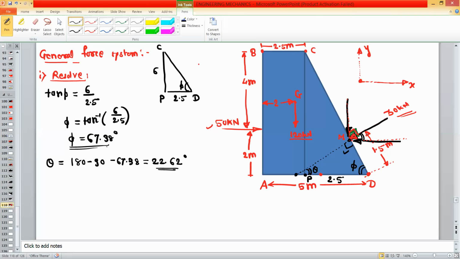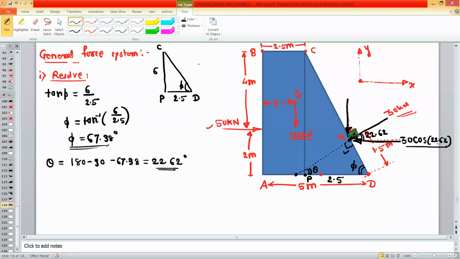So this is equal to 22.62. So now you can resolve this force, 30 kilonewton. So the x component, it is the adjacent component. So this will be 30, that is the magnitude for the force, and adjacent means it is a cos 22.62.